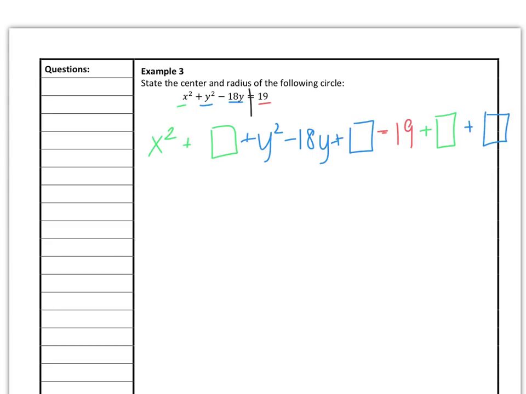So again, to come up with the value, I have to take the middle term. Well, there's no middle term here, right? So really, it's just going to be a plus 0. There's nothing to add for the x's. If I didn't even have that plus box there, that would be totally fine too. Then I take this negative 18, cut it in half, square it, and that gives me 81.